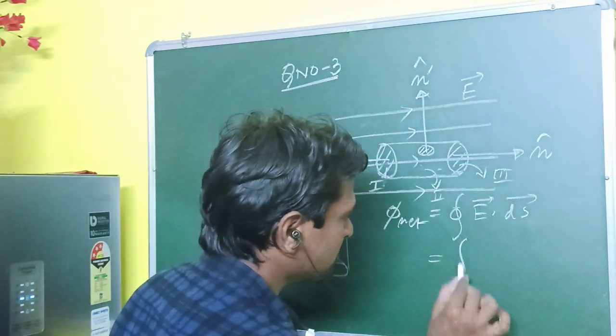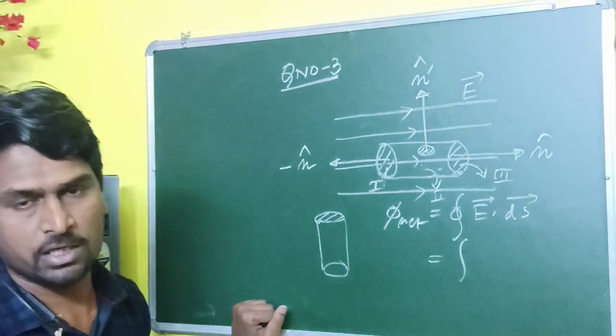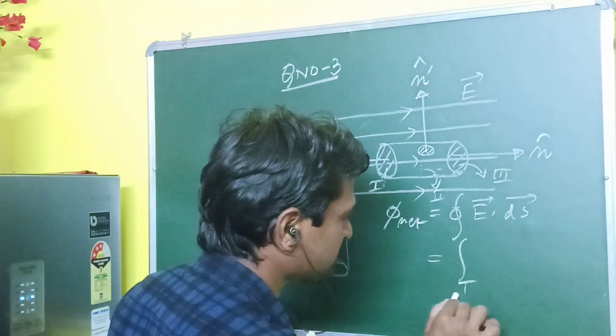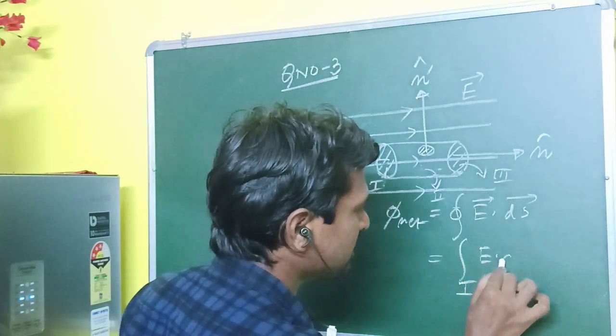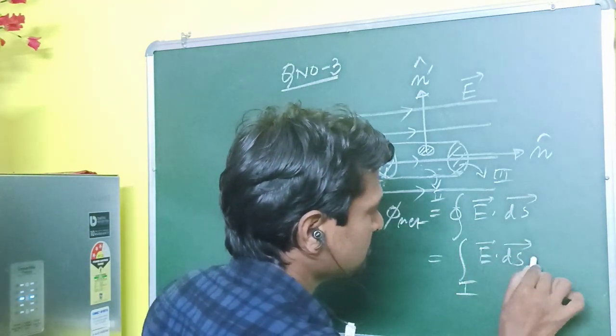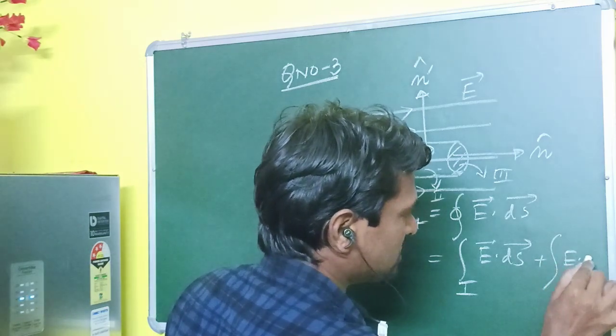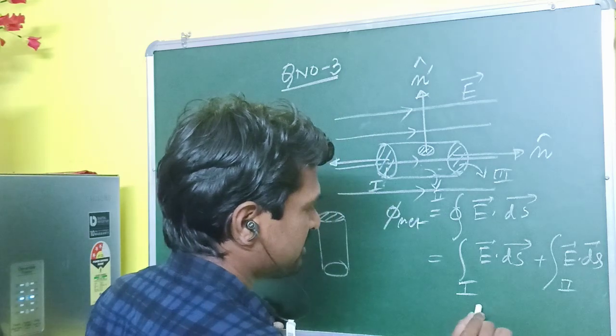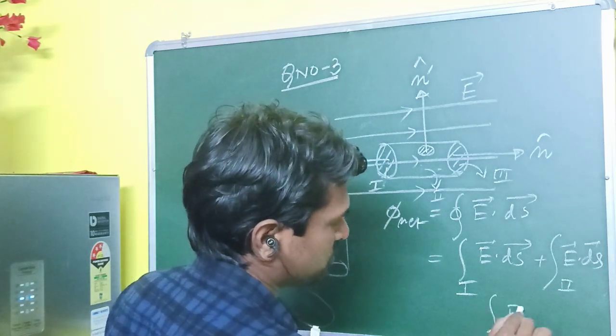So you can break this closed integration into open integrations. There is open integration 1, that is E dot ds, plus open integration 2, that is also E dot ds, and open integration 3, that is also E dot ds.